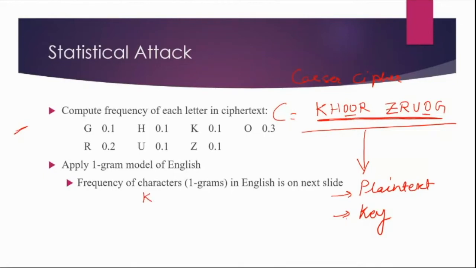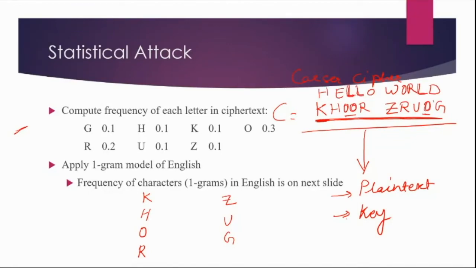One is K, then H, O, R, Z, U, and G. That's it. So there are these 7 distinct characters present in the entire ciphertext, and similarly in the plain text there are also 7 different characters, right?